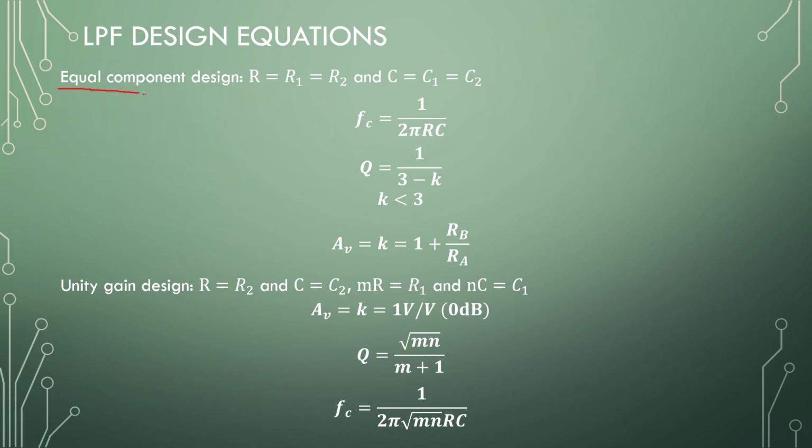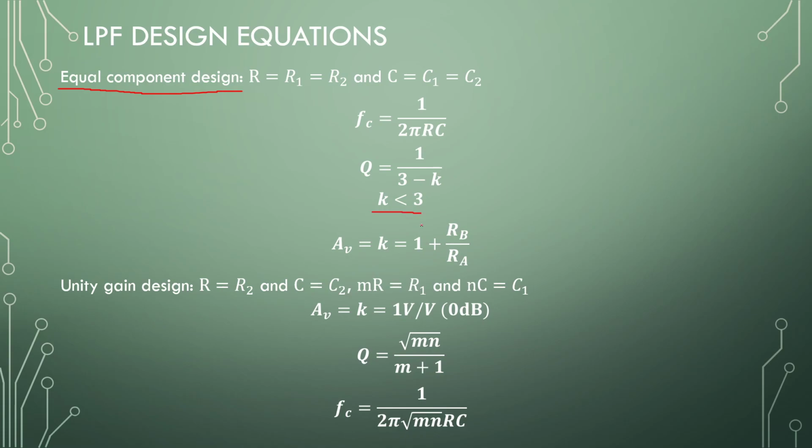One of them is equal component design, which is the obvious and more typical choice, and that is to choose the resistors to be the same and the capacitors to be the same, and the frequency reduces to 1 over 2 pi RC. The Q factor reduces to 1 over 3 minus K, where K is the ratio of RB and RA plus 1.